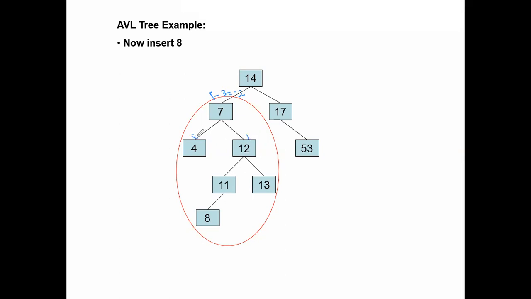This is okay, means there is no balance factor change. What about 11? 1 minus 0, again 1. So the balance factor is changed for 7 only. So how are we going to deal with this? We'll see which rotation we are going to perform for this task.